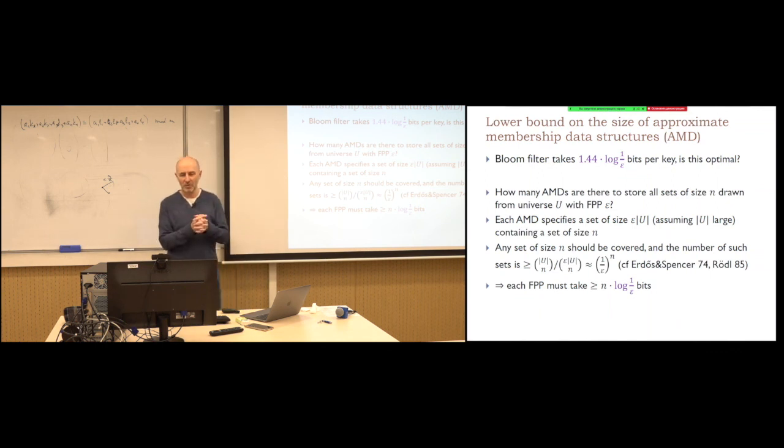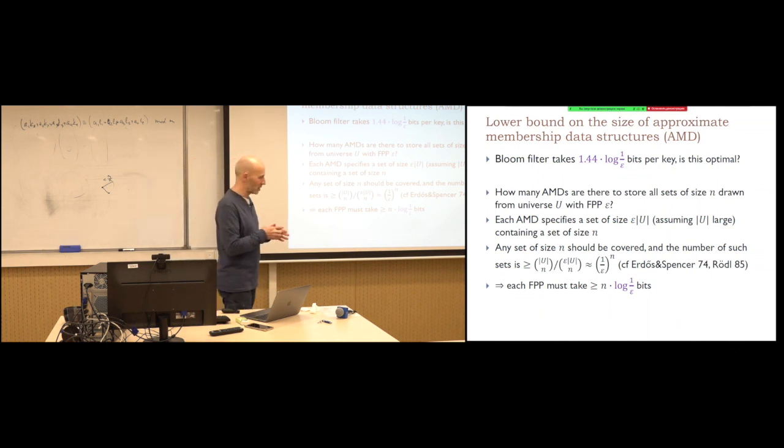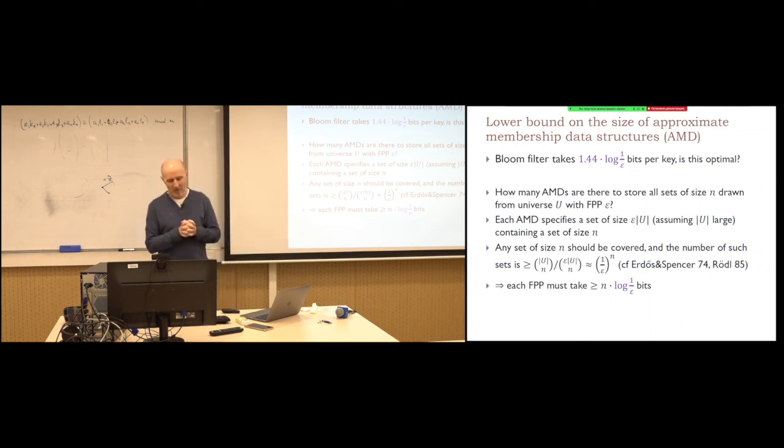This is called the information theoretic lower bound. In general, lower bounds are difficult to obtain. We don't have many tools for lower bounds, but the simplest and maybe most straightforward way to obtain a lower bound is to count the number of possible objects that we need to represent, and take the binary logarithm.